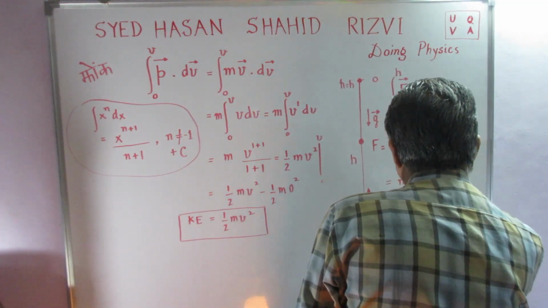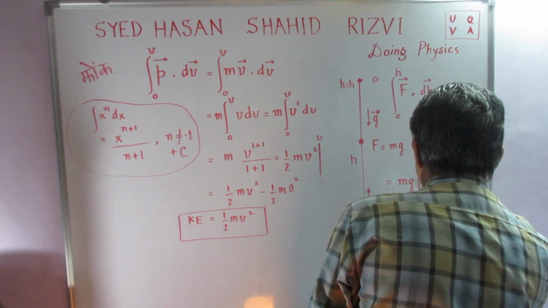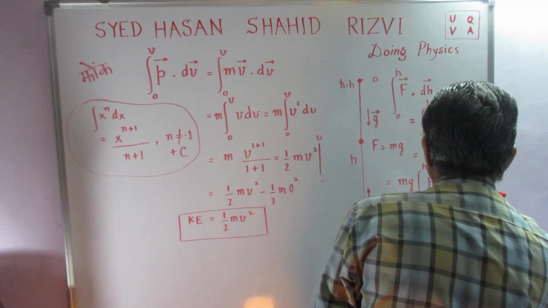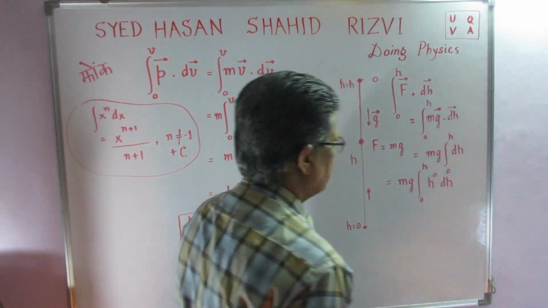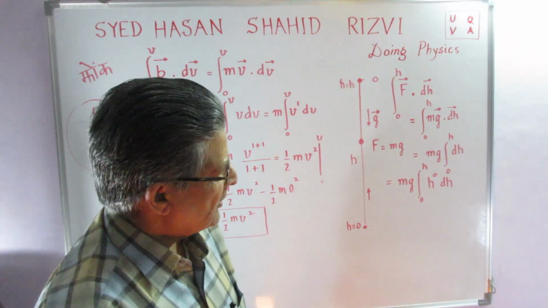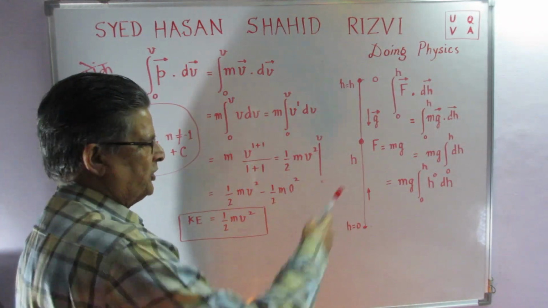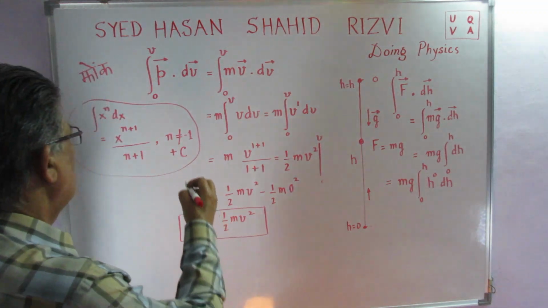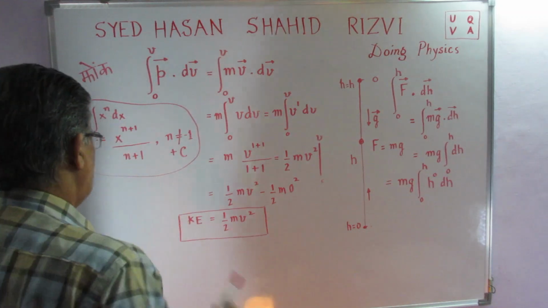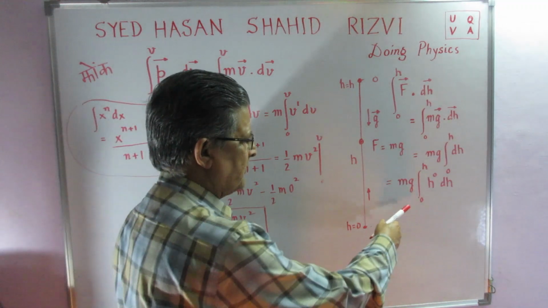So this turns out like this, and I can write mg, and how can I write this? From 0 to h, I'll write h to the power 0 dh. H to the power 0 is equal to 1, because anything raised to the power of 0 is equal to 1. It's no magic, I am just putting this in order to apply the formula, which is written for an indefinite integral, but here I have defined the limits.